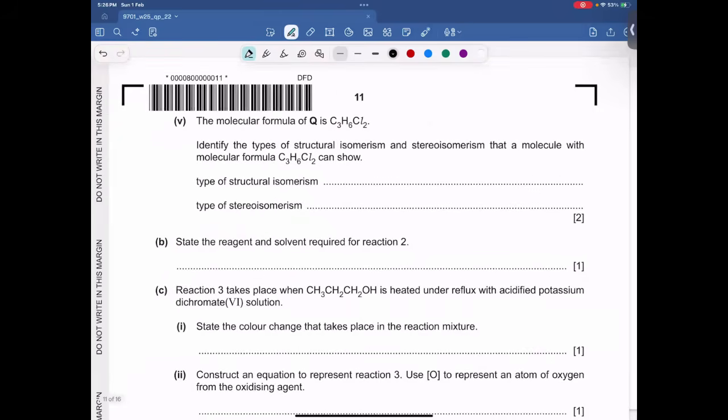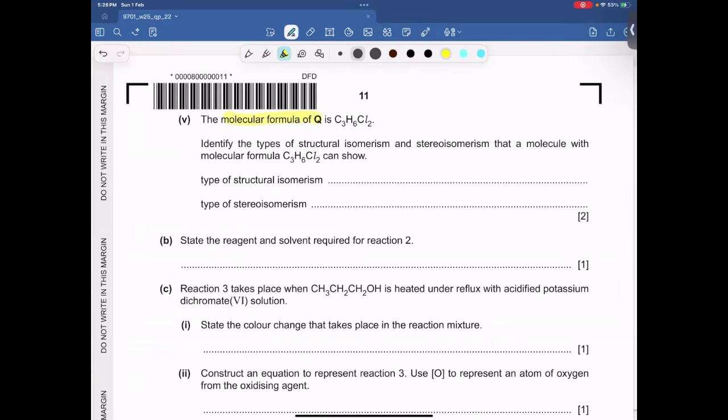Part 5, the molecular formula. Q is this. Identify the type of structural isomerism and stereoisomerism that the molecule with this molecular formula can show. So since we have two chlorine atoms, it's going to be either structural, specifically positional isomerism, or optical isomerism.